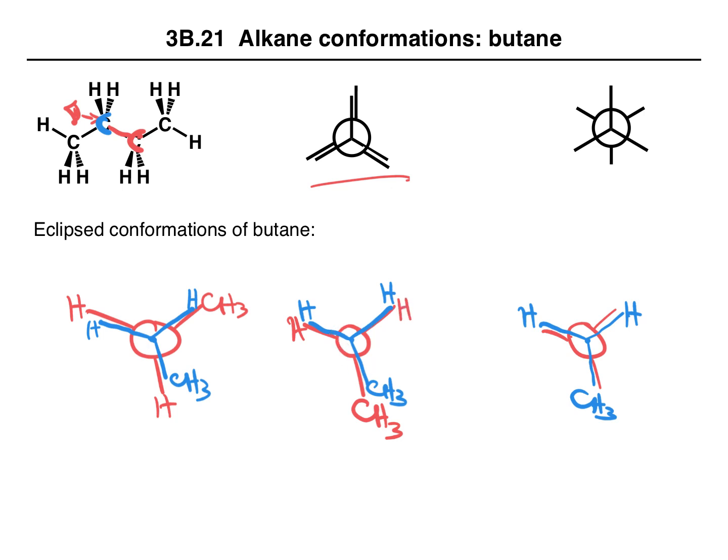Keep turning, and that puts the methyl group here, hydrogen and hydrogen. Because these three are eclipsed conformations, we know that they already have torsional strain.